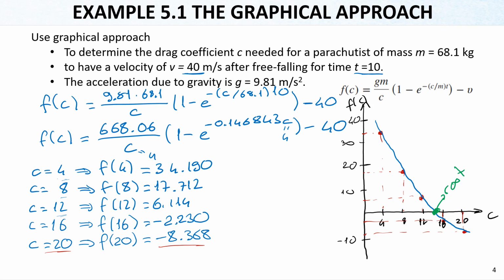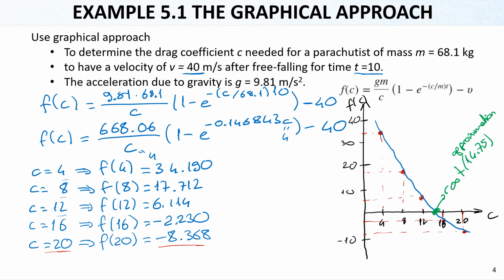So root can be like 14 or something. 14.5, 14.75. Let's say 14.75. So this is just approximation. But we know that it's crossing the C axis or X axis.